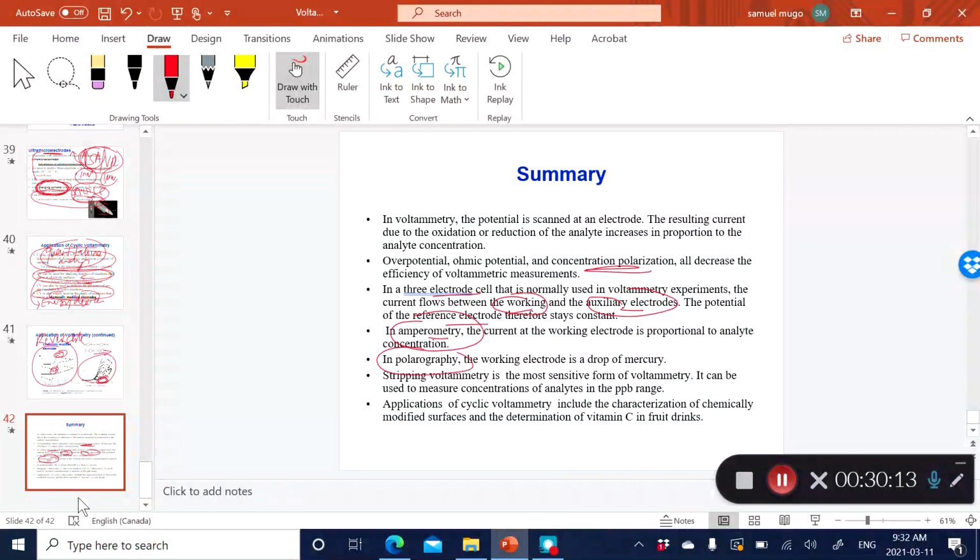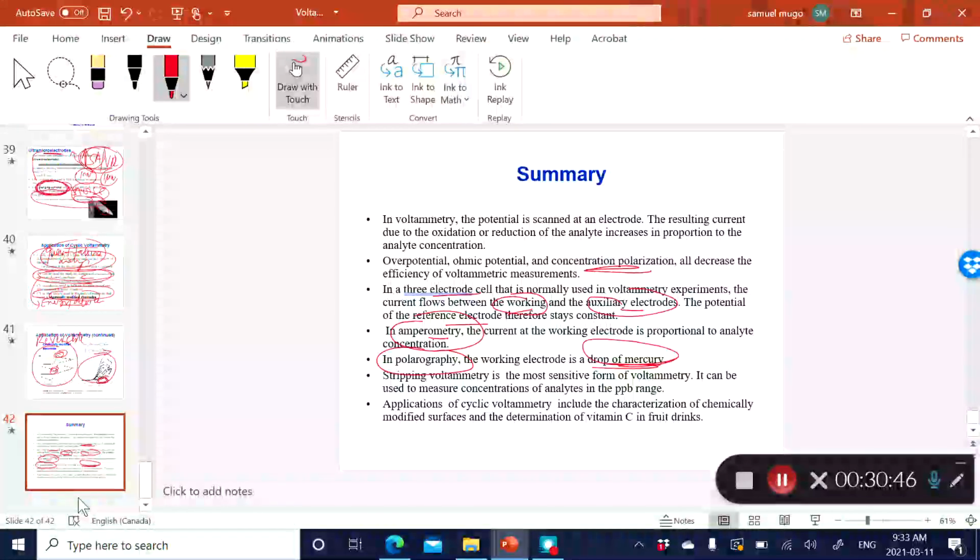We also talked about voltammetry, which came from polarography, and polarography just meant that you are using a dropping mercury electrode, but these days we barely use a lot of polarography because of the disadvantages of dealing with mercury, although there are lots of previous advantages of using mercury in the sense that you can get a very good potential range in the negative range.